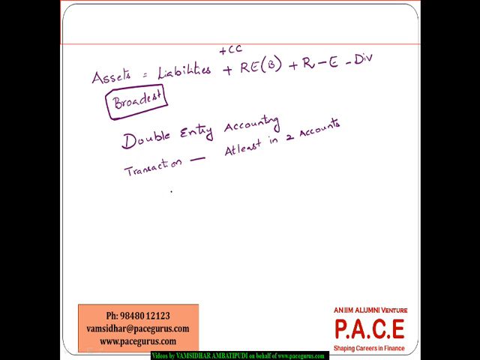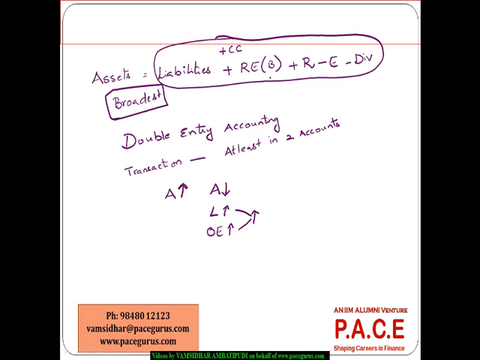And it should so happen that if the transaction has resulted in an increase in one asset account, then the other side of the same transaction should result in some other asset account being decreased by a similar amount, or a liabilities account being increased by a similar amount, or the owner's equity account being increased by a similar amount, or a combination of these. So any increase in an asset account should result in a corresponding decrease in another asset account, or a corresponding increase in all these accounts put together.